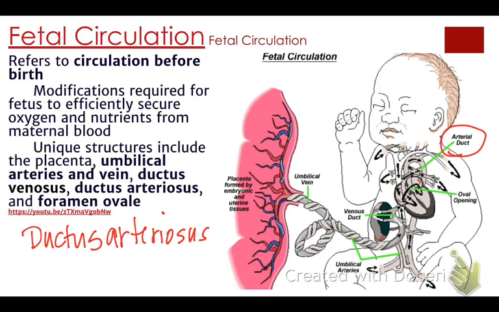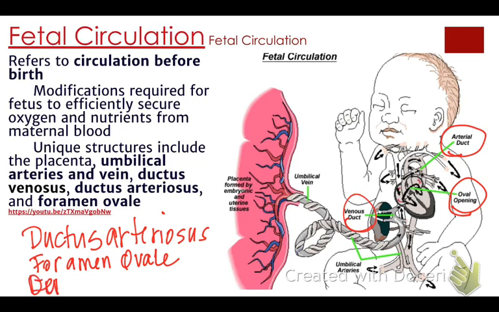Forgive my spelling. The oval opening, which is the foramen ovale. The venous duct, which is the ductus venosus. Hopefully my spelling is right.